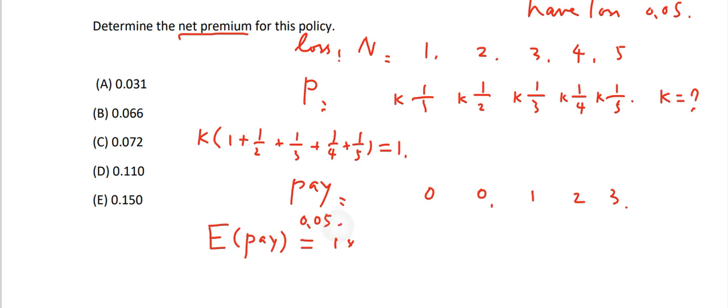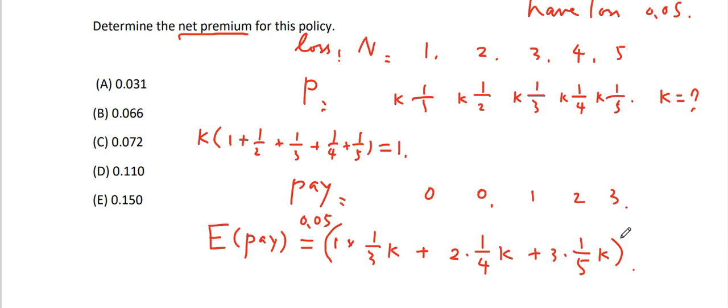So with a loss and payment 1, the probability is 1 over 3k. Plus payment equal to 2, with probability 1 over 4k. And payment is 3, with 1 over 5k. Okay, so this is the expected value for payment.